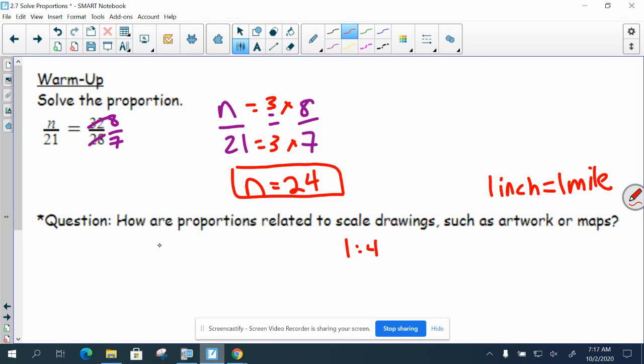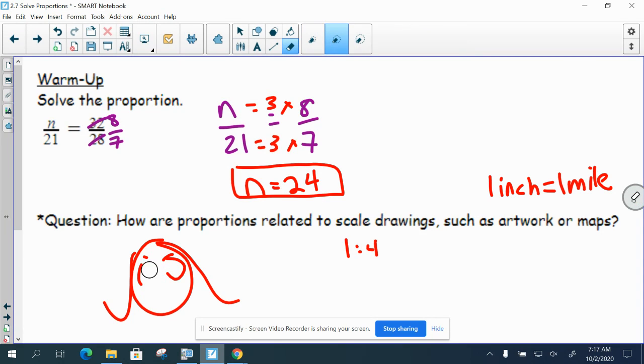So if I'm drawing a face, for example, I don't want the eyes to be like that big, right? That looks kind of creepy, actually. You want the eyes to be proportional to the face. So, maybe that big. I am not an artist. Anyways, you get what I mean.